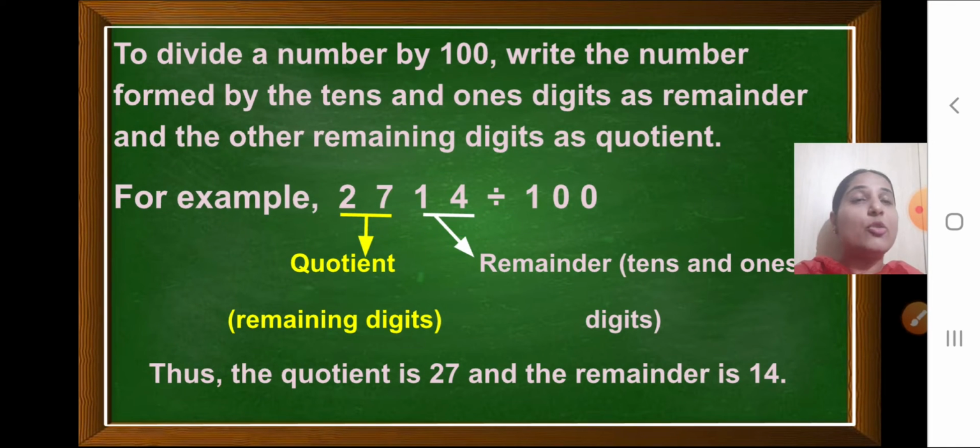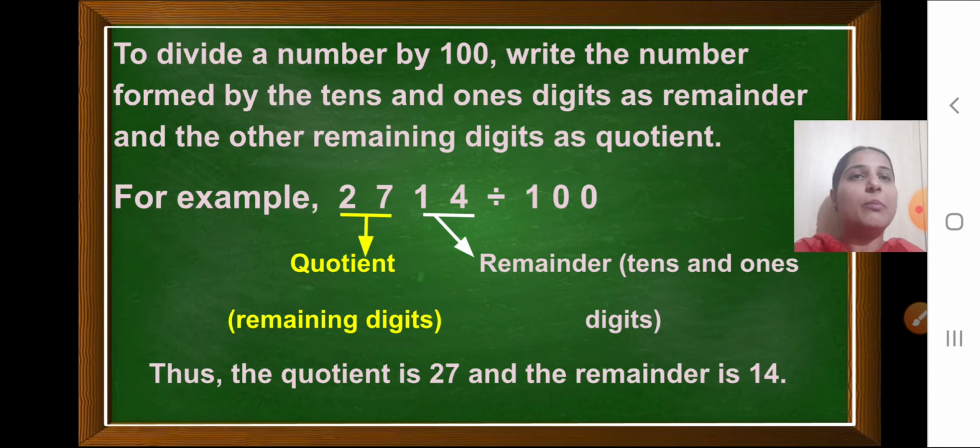Now children, to divide a number by 100. In the previous slide we just saw how to divide a number by 10. Now to divide a number by 100, write the number formed by the tens and ones digits as remainder and the other remaining digits as quotient.